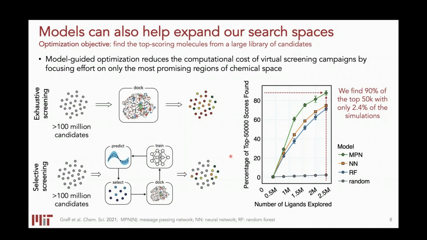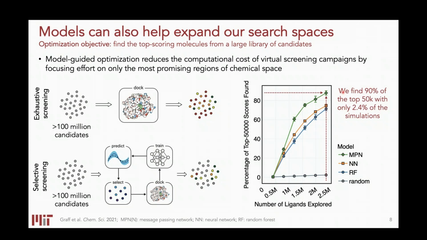And so this kind of workflow is not making docking more accurate, but it's letting us leverage our existing computational infrastructure and use it to screen a larger space. So we're still using docking as the source of truth for this study, but by inserting this model in the framework, we are allowing ourselves to search a larger space with a smaller fraction of the actual experiments. And so we have this computational savings of about 40-fold.